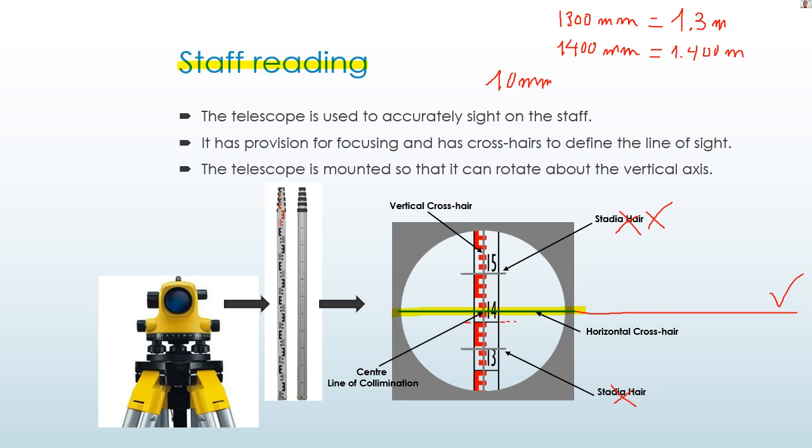So for this reading, you can see that it equals 1400 at this black line over here, and you add 10 mil, 20 mil to that figure. So then the reading over here is going to be 1400 plus 20 mil. So you have 1420 mil or 1.420 meter.